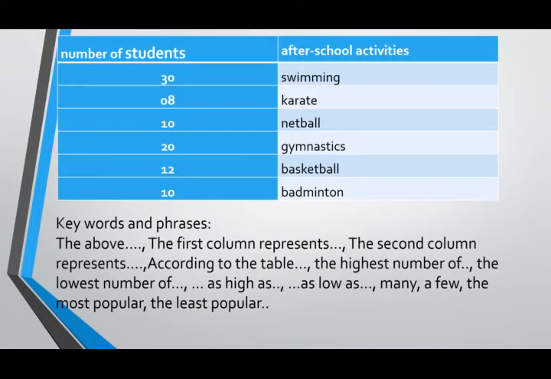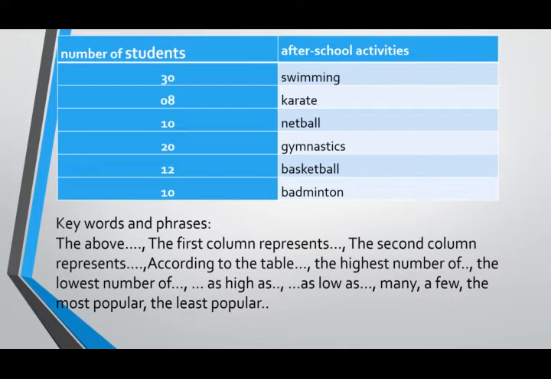Just as in my previous examples, I have made much emphasis on explaining the keywords and phrases on describing tables. The above, ඉහත දැක්වෙන, කලින් උදාහරණවලදී වගේම the first column represents, පළවන තීරුවෙන් නිරූපණය වන්නේ. The second column represents, දෙවන තීරුවෙන් නිරූපණය වන්නේ.